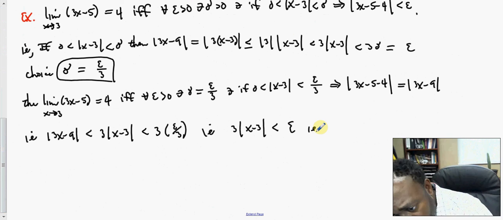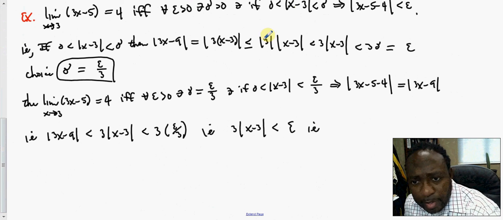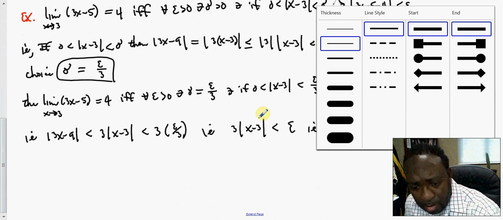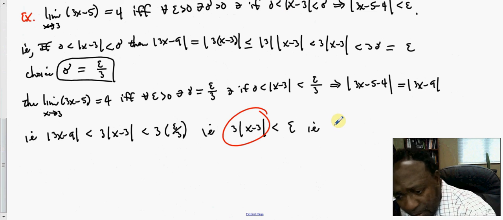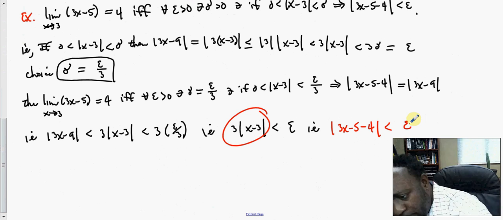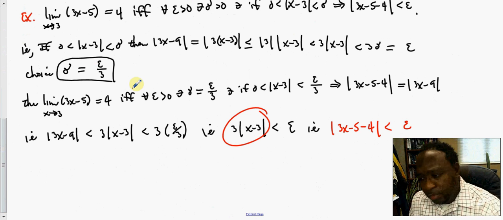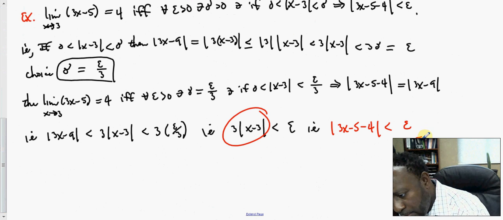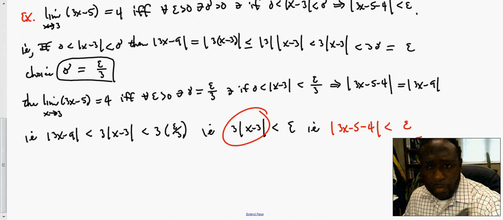And if you want to get jiggy with it, you remember that this right here came from the whole building of the absolute value of 3x minus 5 minus 4, and that's proven to be less than epsilon, with the choice of delta being epsilon over 3. So that's the actual way of, in terms of how we want to prove it.